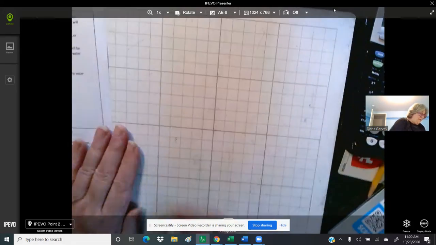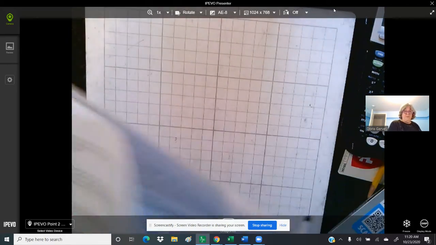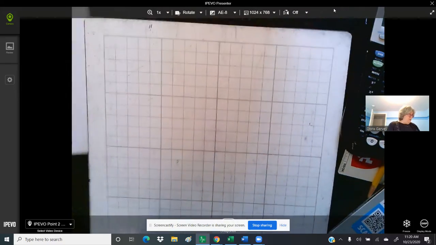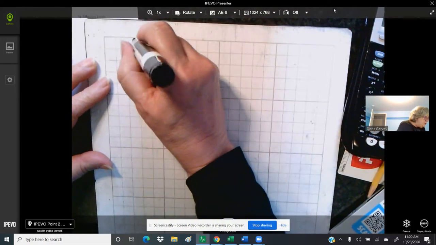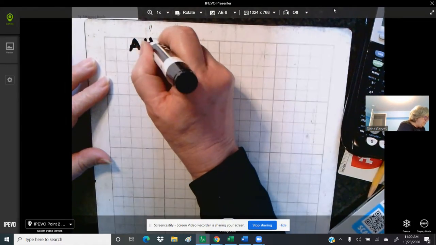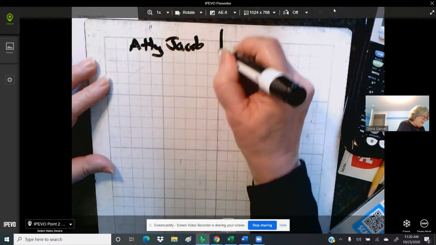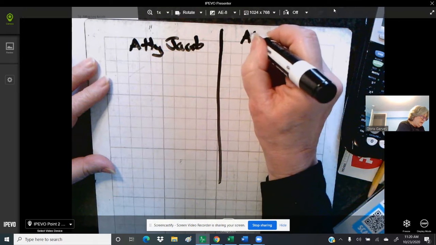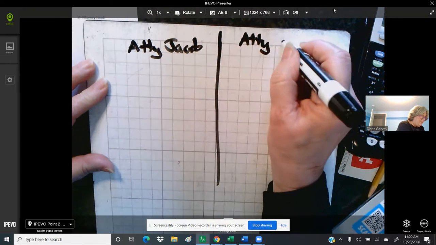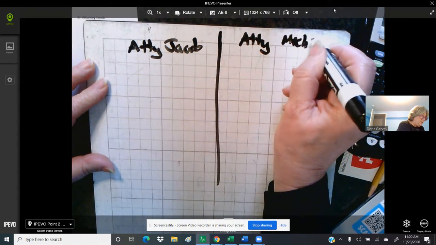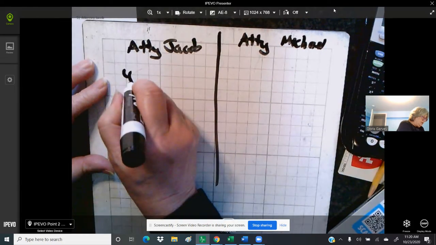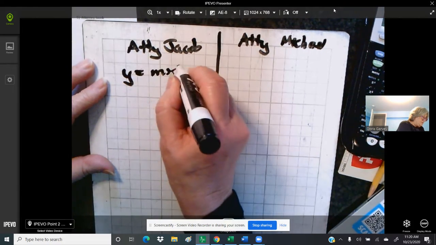You also asked about number 6, but I have to do number 5 to do number 6. So let's go ahead and do number 5. You have two guys here: attorney Jacob, and then attorney Michael. Basically, you're going to do the same amount of work for each individual guy. So once again, you're looking for y equals mx plus b.